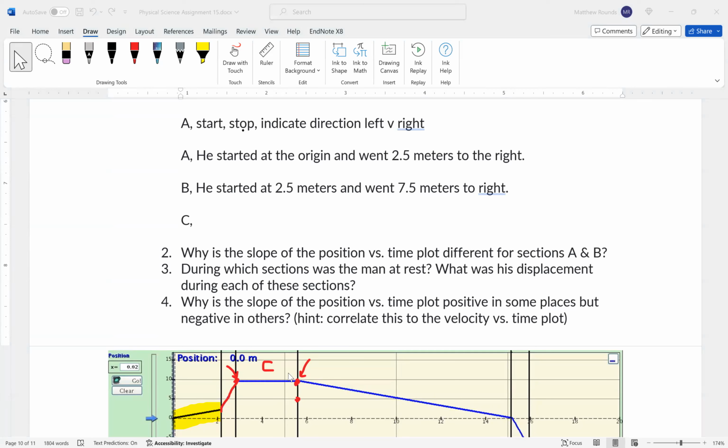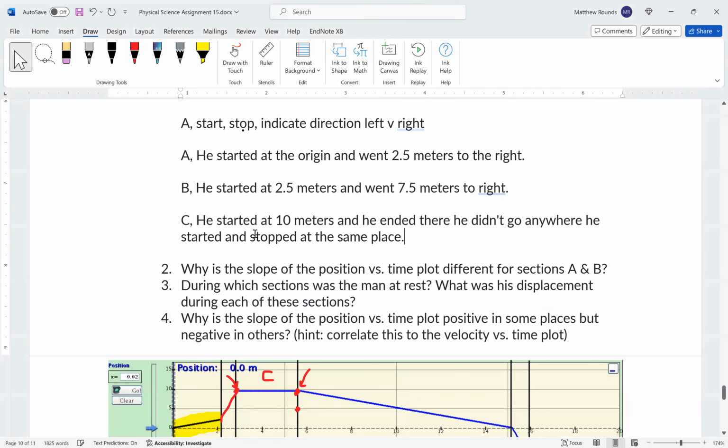Or just put something down that says he didn't go anywhere, started and stopped at the same place. All right, I just typed something. There you go.